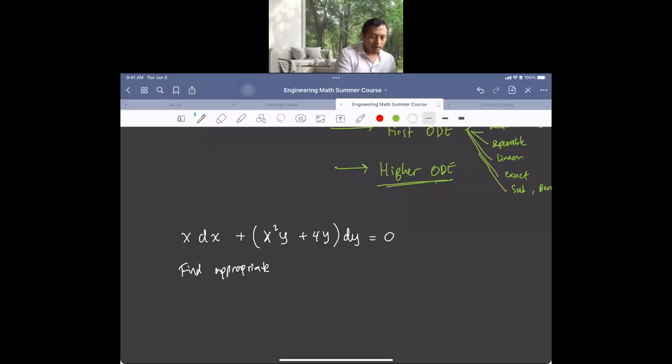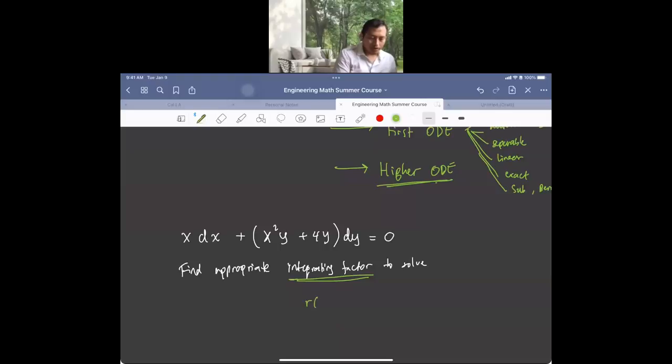The question is: find the appropriate integrating factor to solve the equation, which means you need to find what kind of function, when you apply it and put it in the formula, makes it solvable, so you can solve the equation.